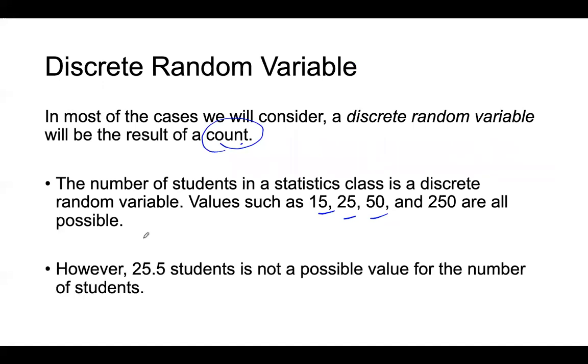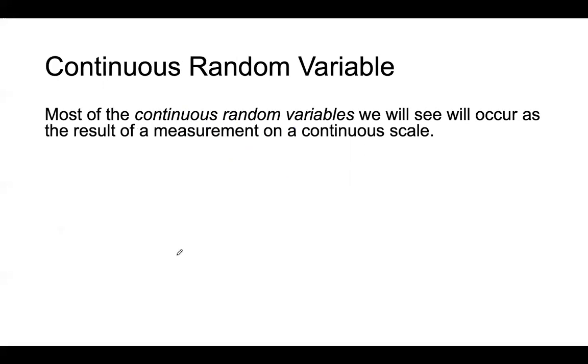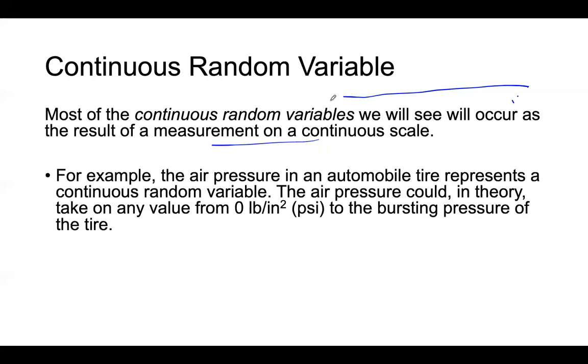However, 25.5 students is not a possible value for the number of students, because you can't have half a student. Most of the continuous random variables we will see will occur as the result of a measurement on a continuous scale. And this again is next week. That is the majority that you will see. This is very popular, continuous, but so is discrete.